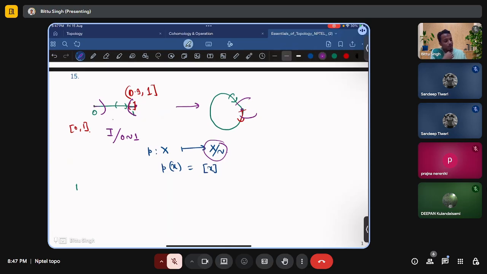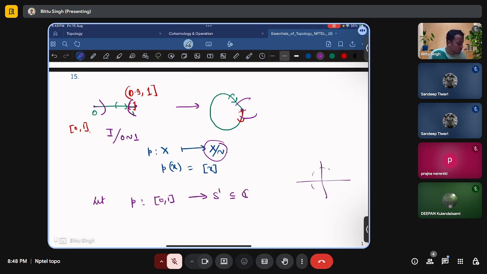So here we have identified 2 points of the interval. So let me consider the map P, which is a map from the interval closed 0, 1 to the circle S1. From complex analysis, you know that the circle can be thought of as a subspace of the complex plane.